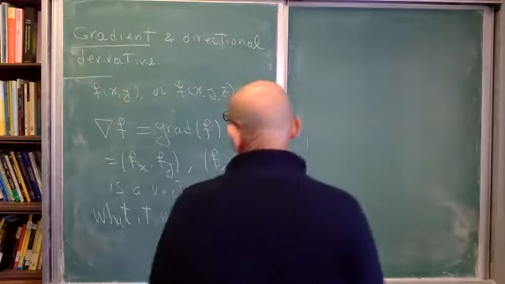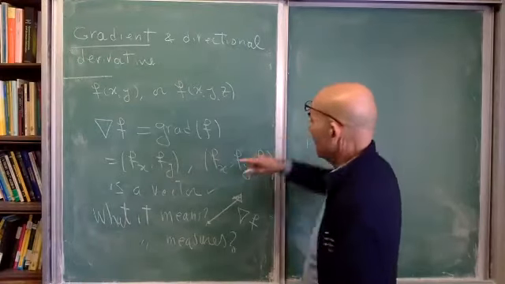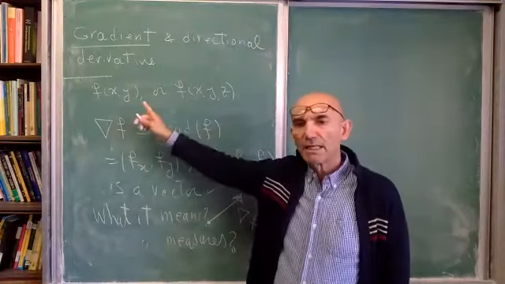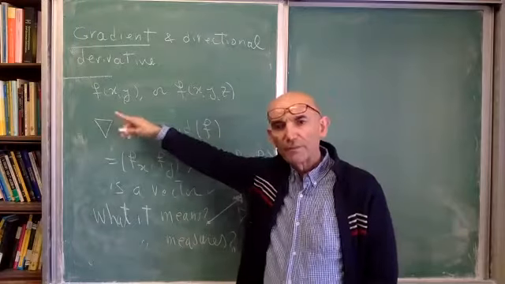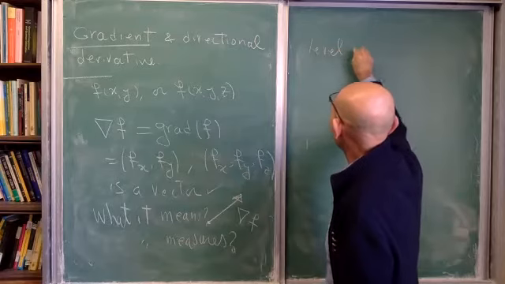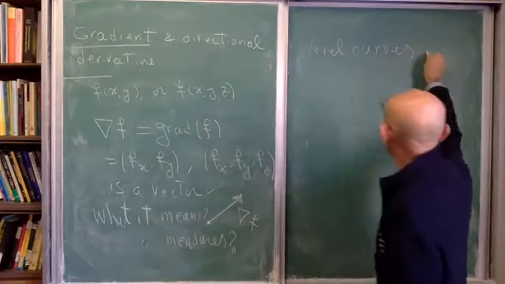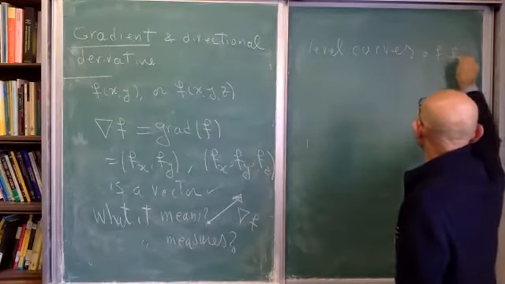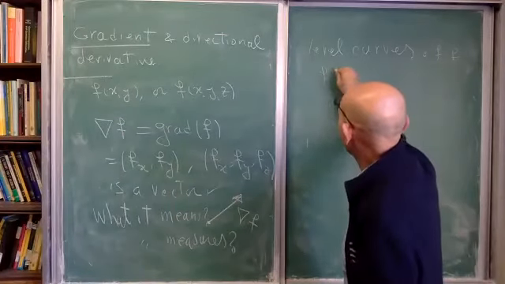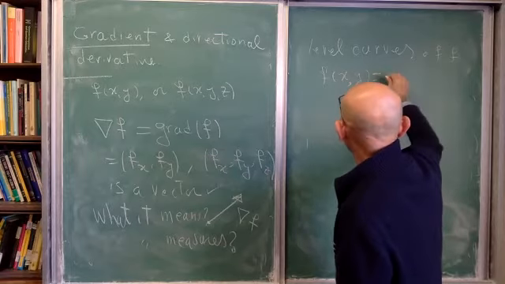Okay. So the first answer is that, let us look at the level curve of f. Remember, we had this notion of level curves of f. We just wrote f of x and y equal to some constant value.